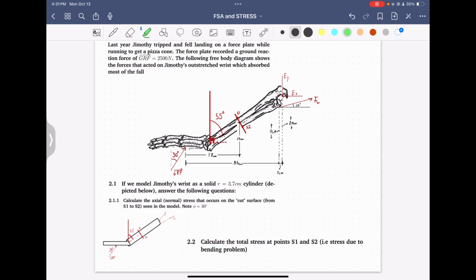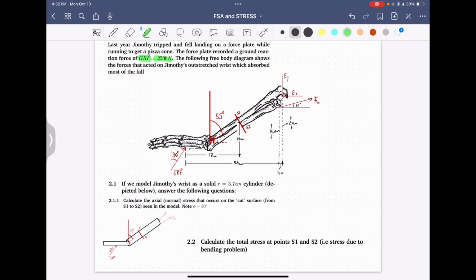But right here, we're looking at a question about Jimothy, who tripped and fell, landed on a force plate while running to get a pizza cone. Rest in peace, pizza cones. The force plate recorded a ground reaction force, and we see that GRF is down here, and it is 2,500 newtons. We get the following free body diagram, and it shows all the forces on his outstretched hand, which absorbed the fall.